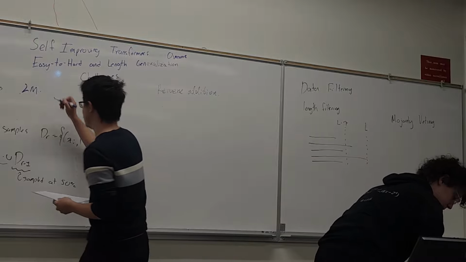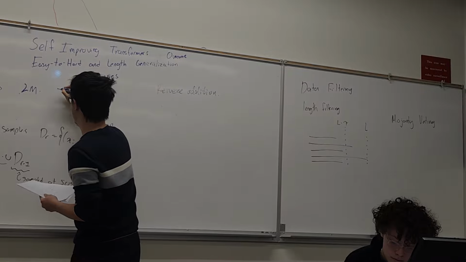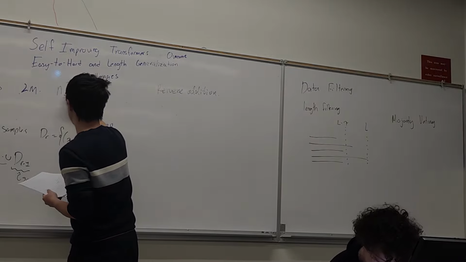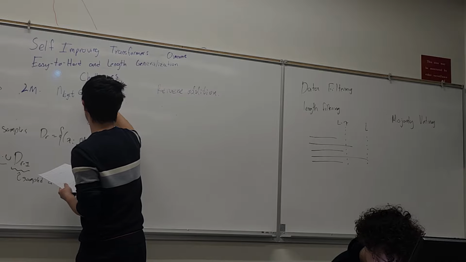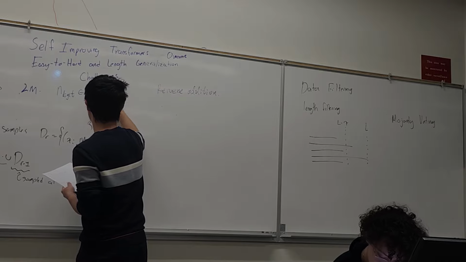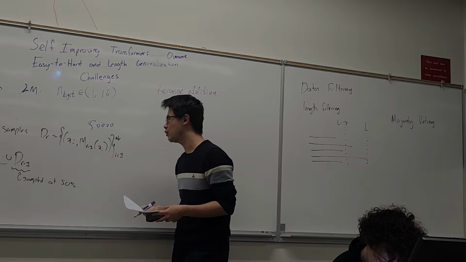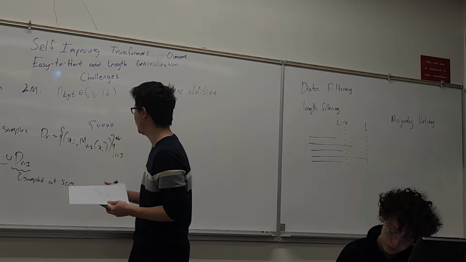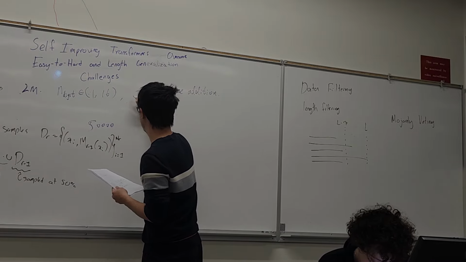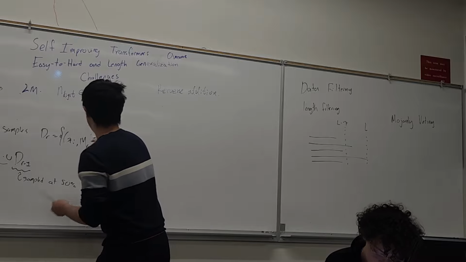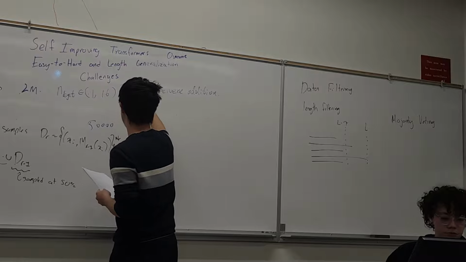For D0, they will have some parameters, and for the difficulty they will have a digit from 1 to 16. They have 2 million samples for training. Okay, so suppose this is D1.